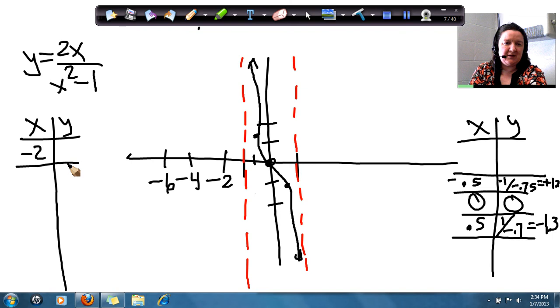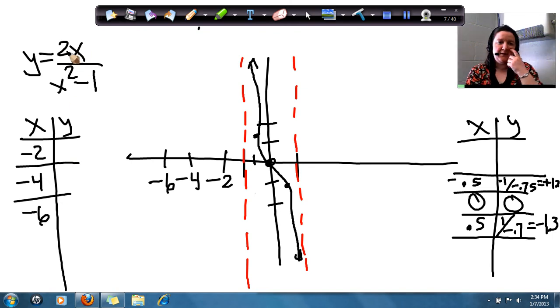If I plug a negative 2 in, that would give me a negative 4, and then negative 2 squared would be 4, minus 1 would be 3. So that's going to give me a negative 1 1/3 again. So that'll be up there.